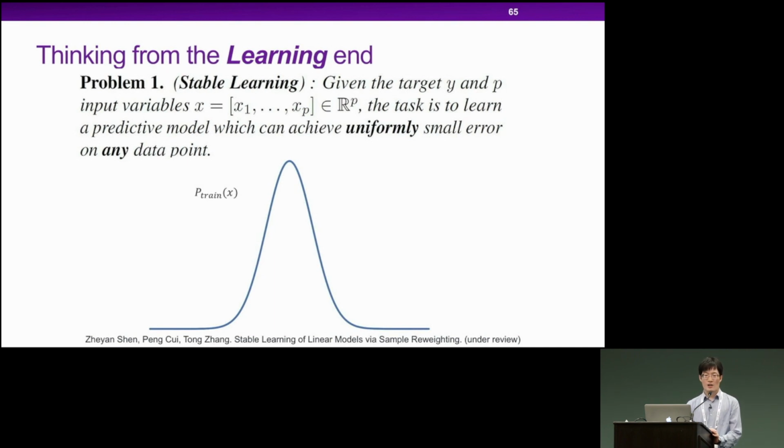In most of today's models, we just optimize the overall loss over this kind of distribution. Then, for the points in this region, we will have small prediction error, and for the points in this region, we will have large error. We regard them as corner points.